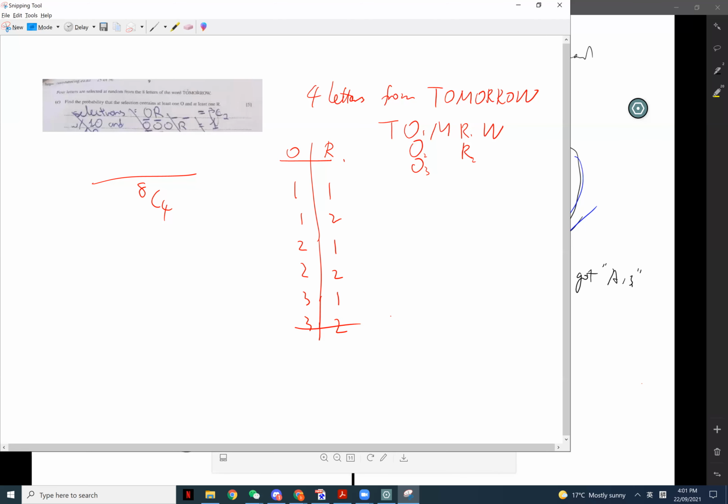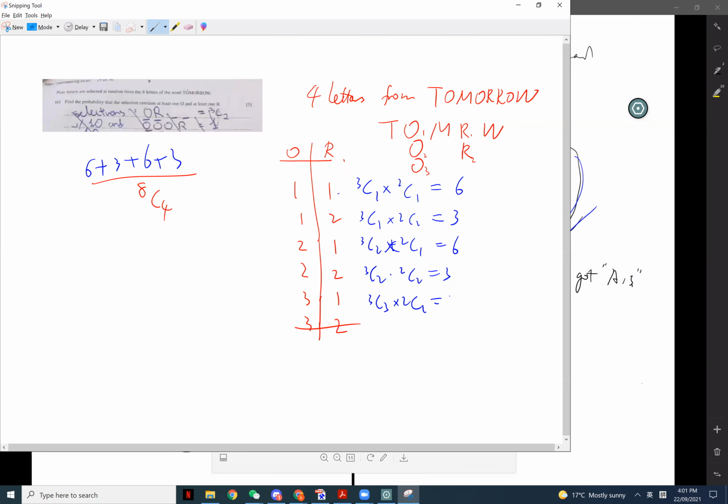Check the numerator. How many ways? Choose O, 3C1. R, 2C1. This one gives you 6. 3C1, 2C2 gives you just 3. 3C2, 2C1, 6. 3C2, 2C2, 3. 3C3, 2C1, 2.